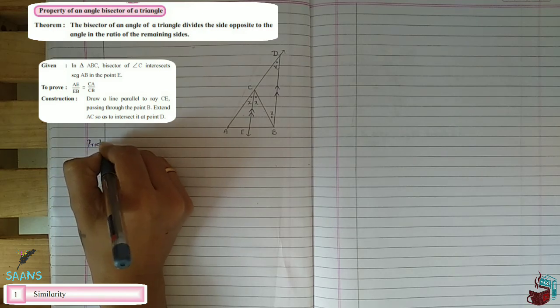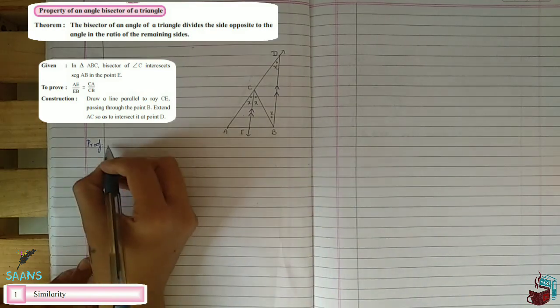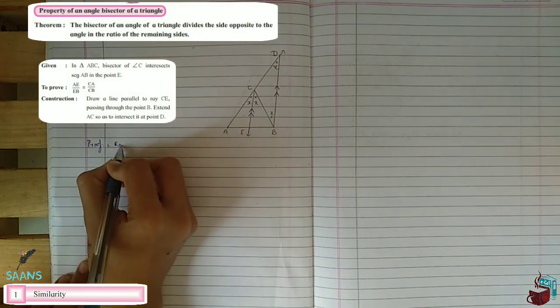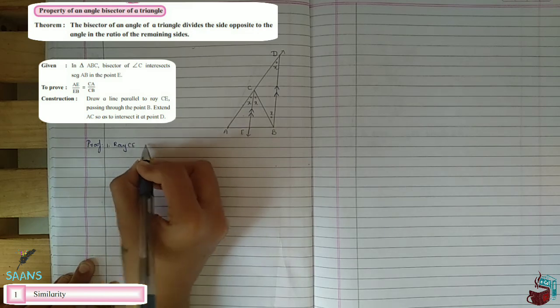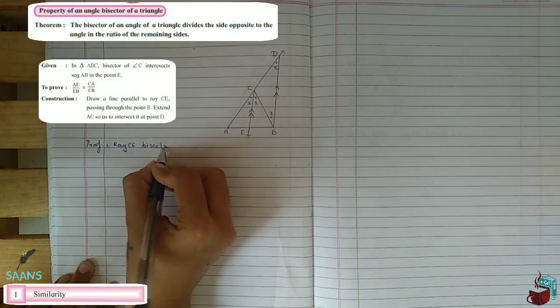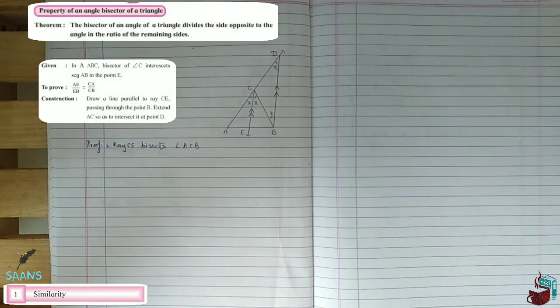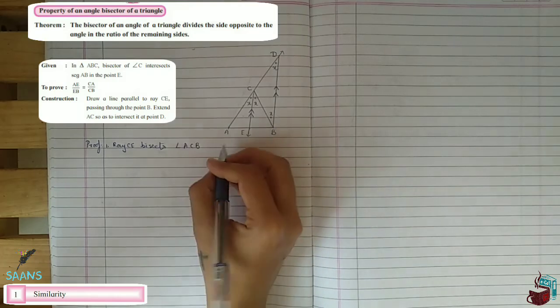Now the given and all is written for you, so I will not write that. We will directly do the sum. First we will write ray CE bisects angle ACB. That is given.